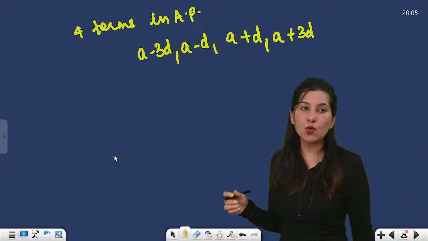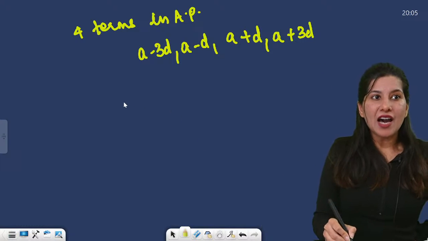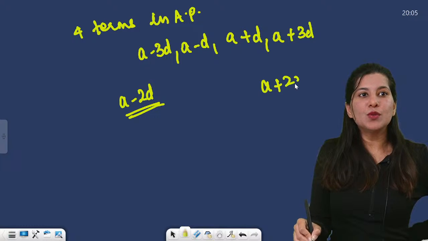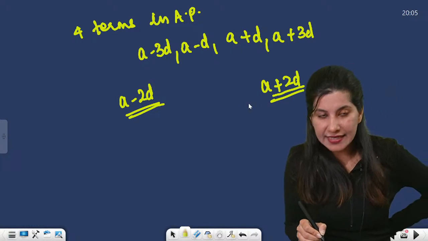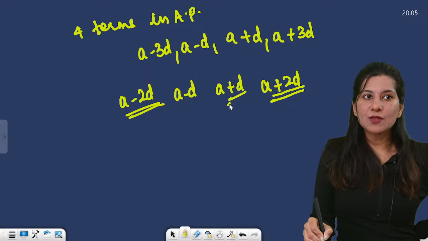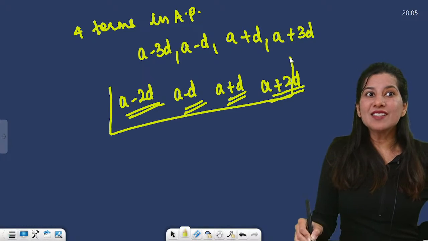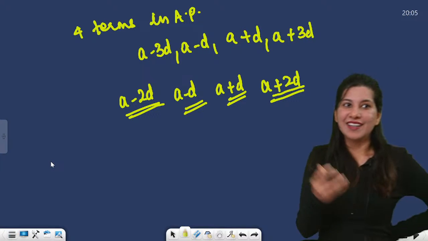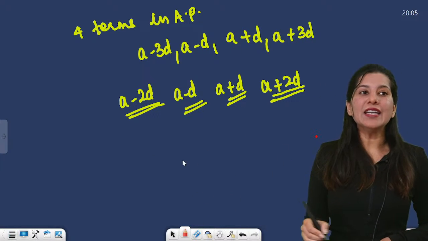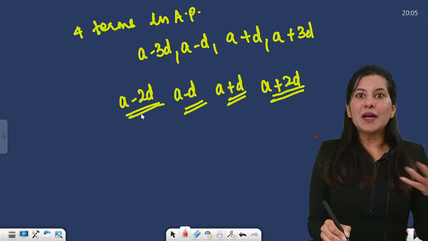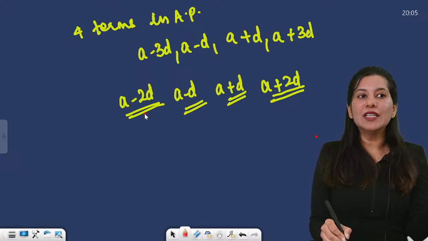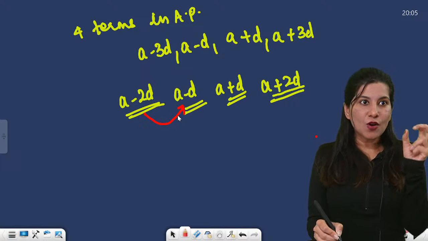Ping pong, what's your version? What do you want to take as the 4 terms? Are you trying to say A minus 2D and A plus 2D, and A minus D and A plus D? Can you see this is not an AP? Why? Because arithmetic progression says that you need to add a constant term.